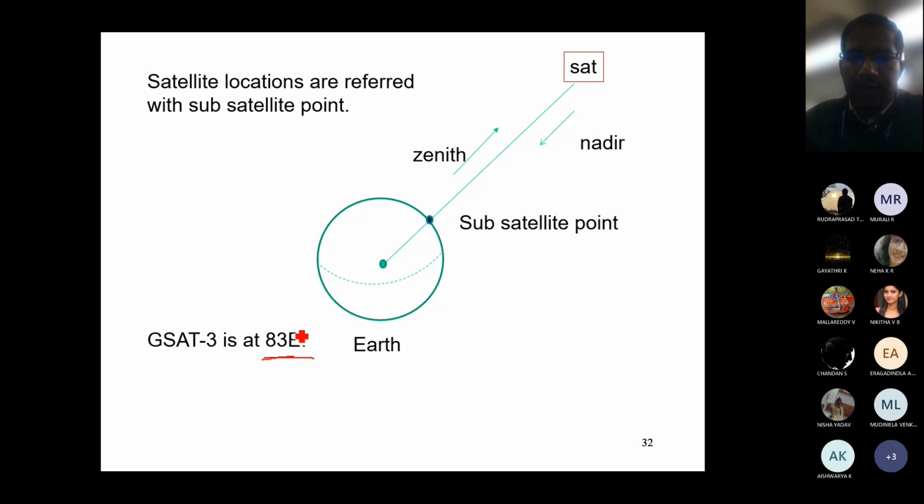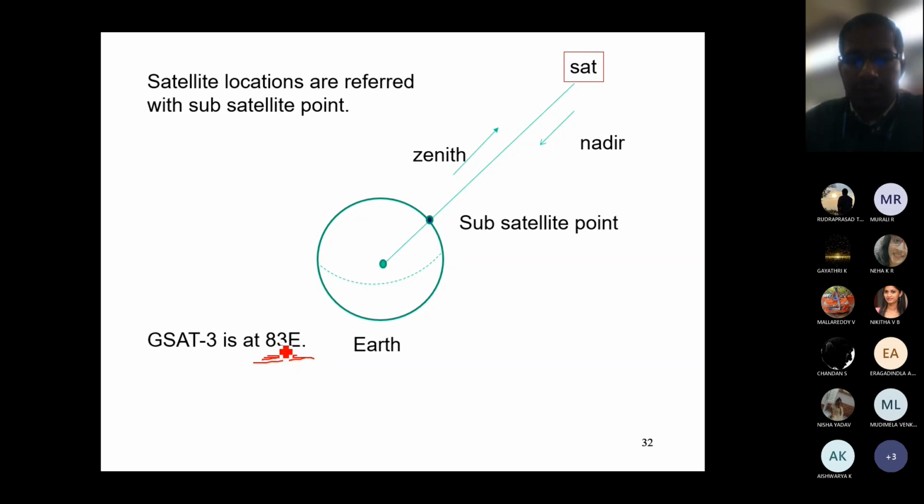And if for a satellite only the longitude is given, that means you see here, 83° east is given. It has no information about the latitude, only the longitude is given.